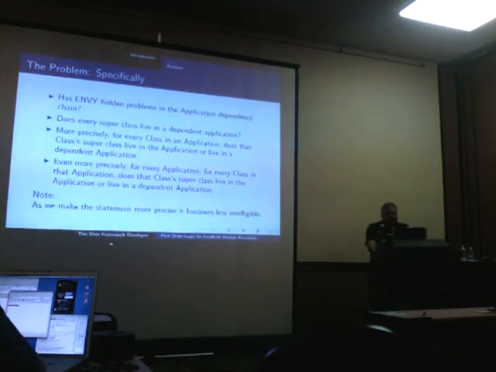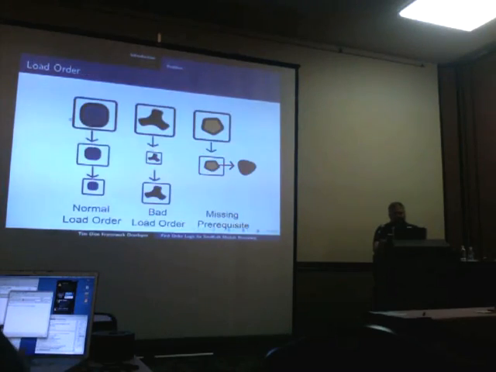So the problem that arises is, has NB hidden problems in our dependency chain? More specifically, does every superclass live in a dependent application? Well, there are more complex, more precise ways of saying that. So the basic issue is, in the blue we have a normal load order, and the objects you can think of as classes.